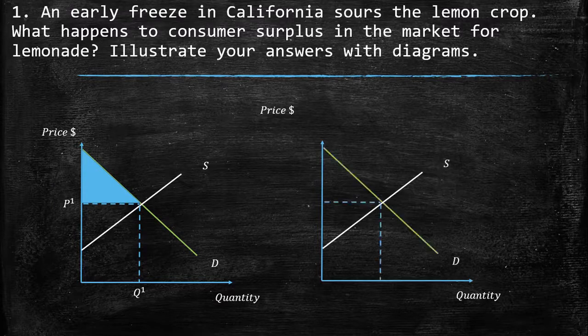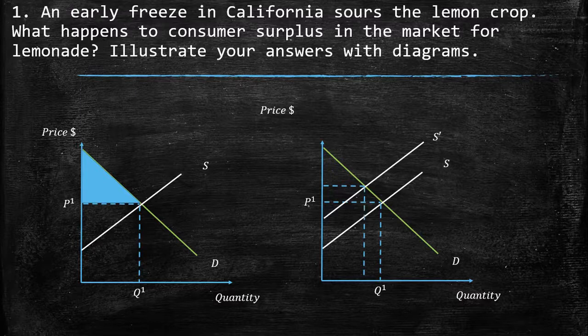So imagine that we have the initial condition here, but because of the crop of this market, you know that the supply side is going to be affected. The supply curve is going to shift to the left.